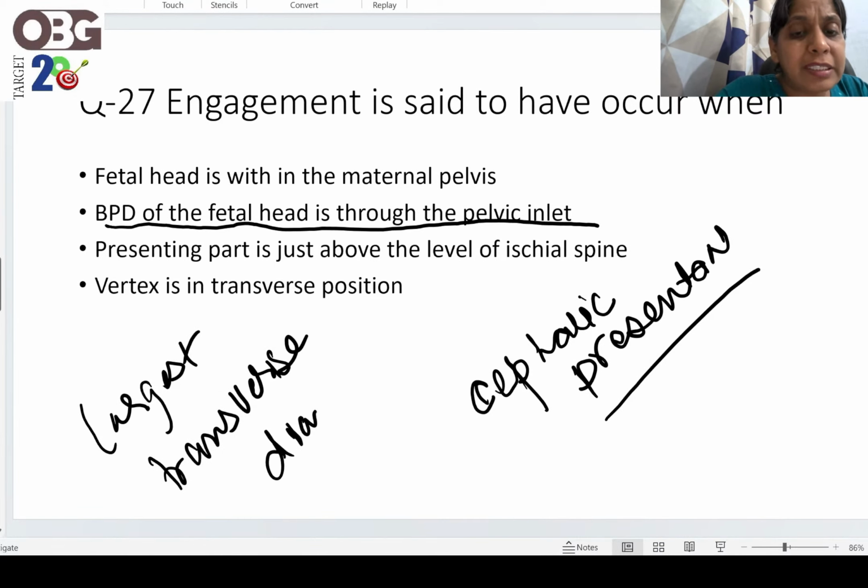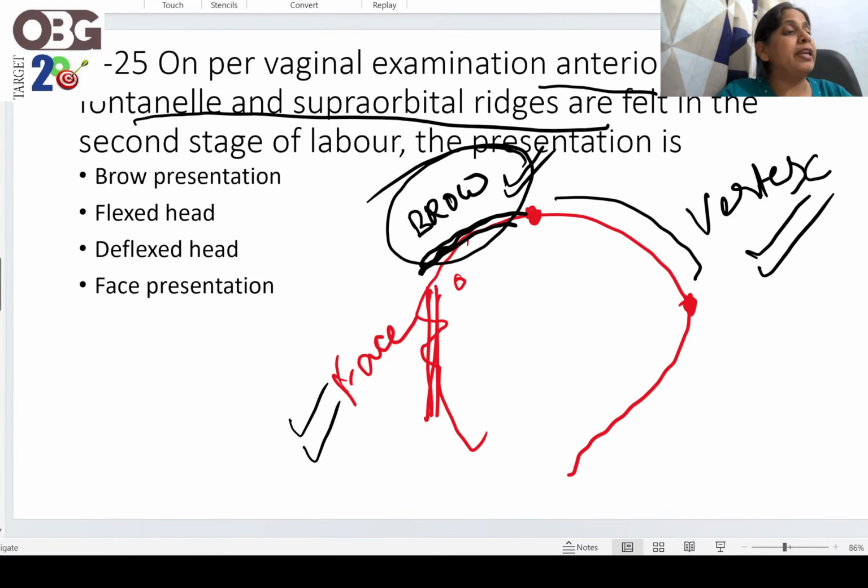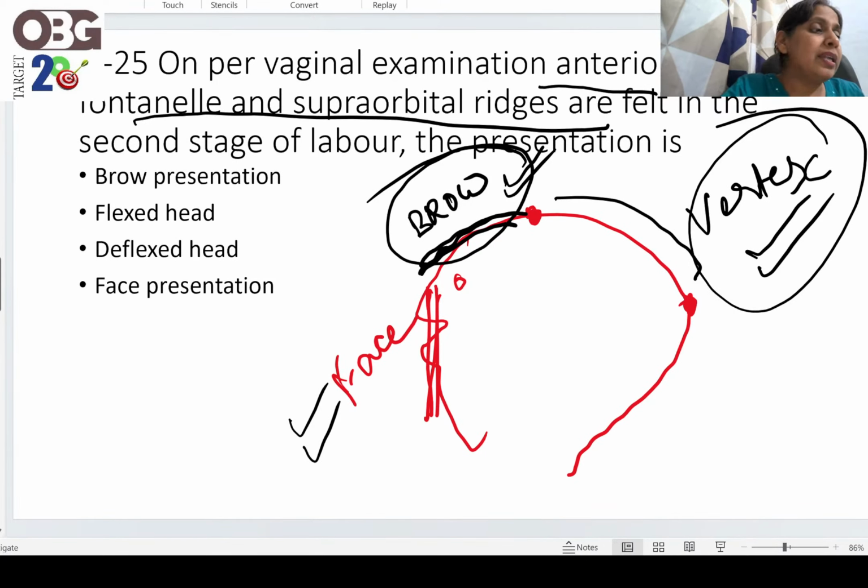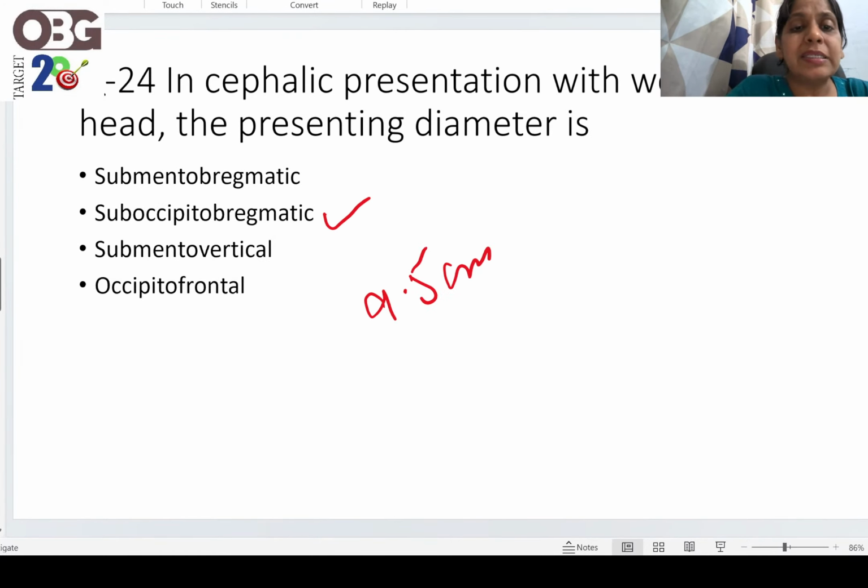And why haven't we taken the anterior-posterior diameter of the fetal skull? Because the anterior-posterior diameter is different in face, different in brow, and different in vertex. Dr. Prashant, what is the anterior-posterior diameter in the vertex presentation? It is suboccipitobregmatic, right? And what is it in the brow?